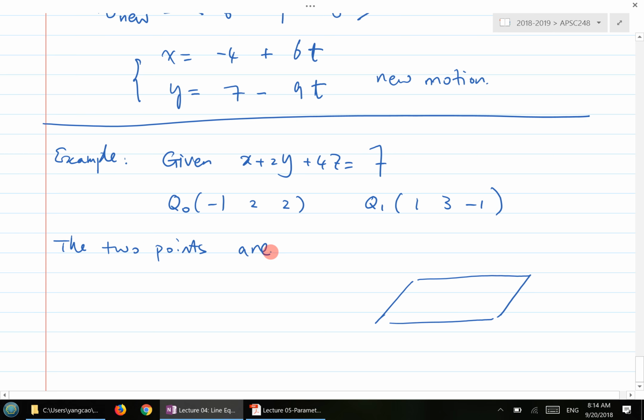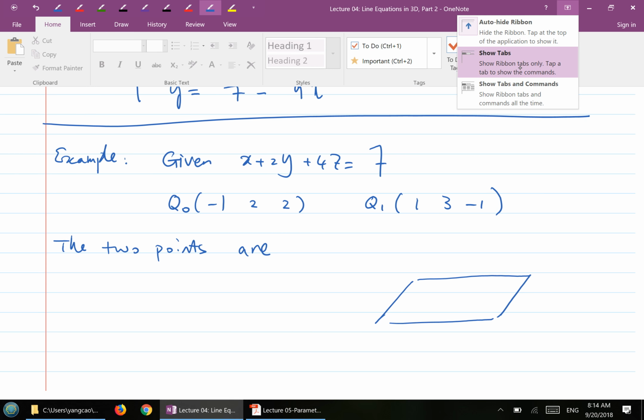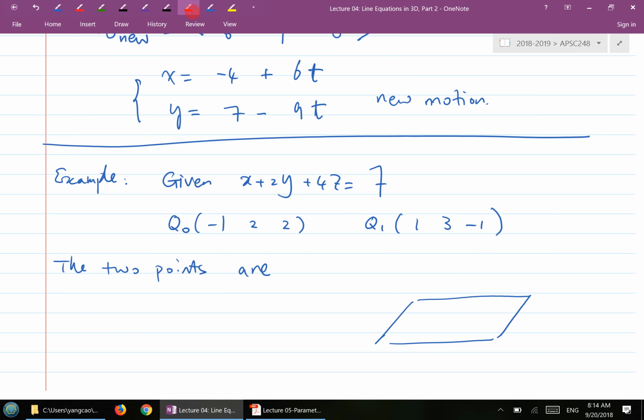So what we mean by that is, you have Q0 could be here and Q1 could be here. That means both points are on the same side of the plane, right? The plane is an infinite plane.